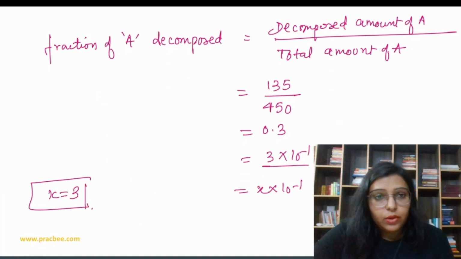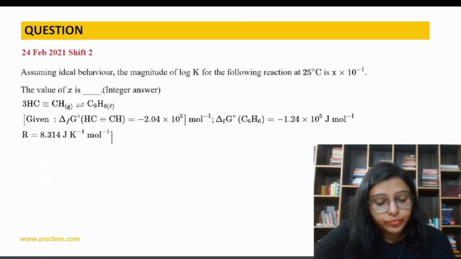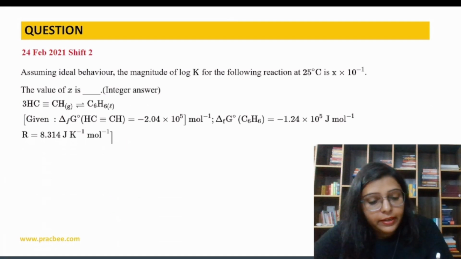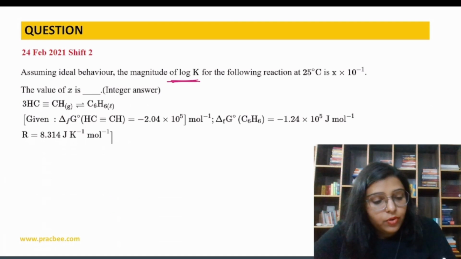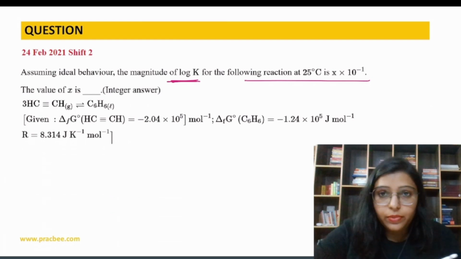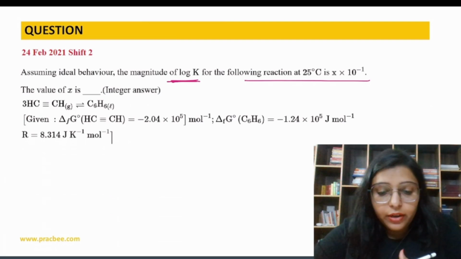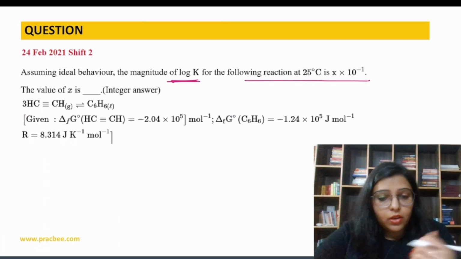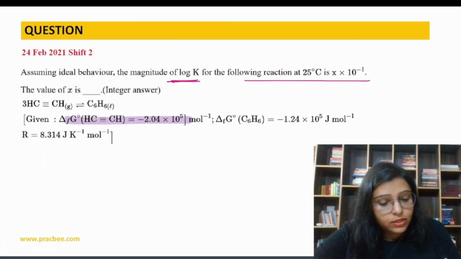Okay. Now let's do the next question. Assuming ideal behavior, the magnitude of log K for the following reaction is x. So we have to find out the value of log K. Okay. So how to find out the value of log K? See, Gibbs free energy values are given to us.